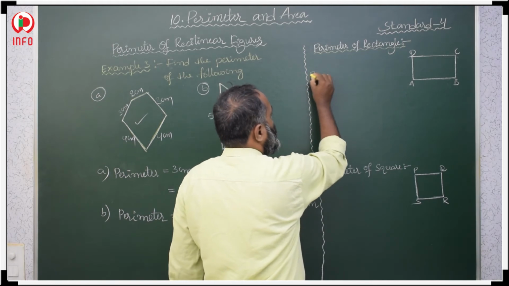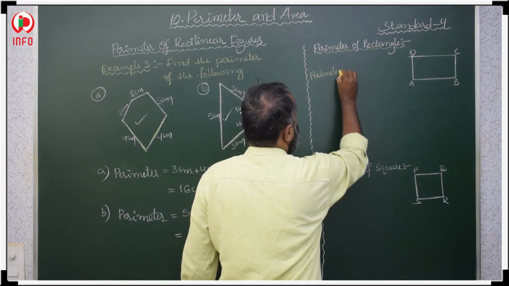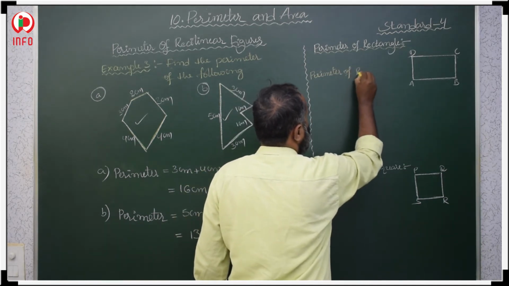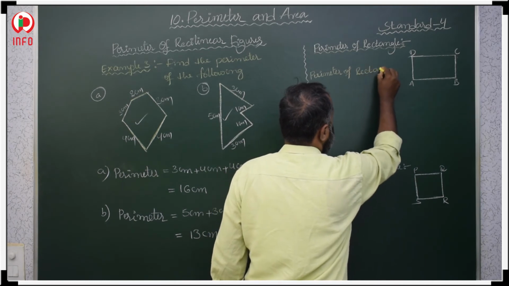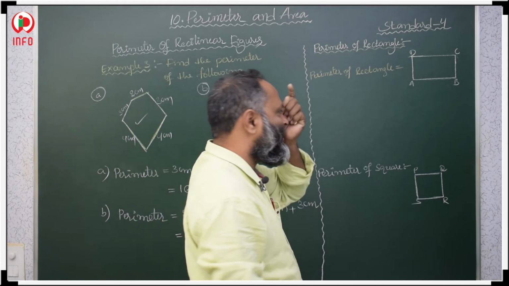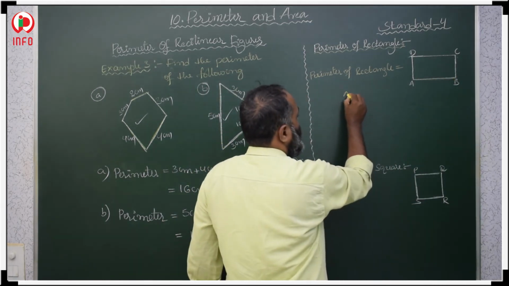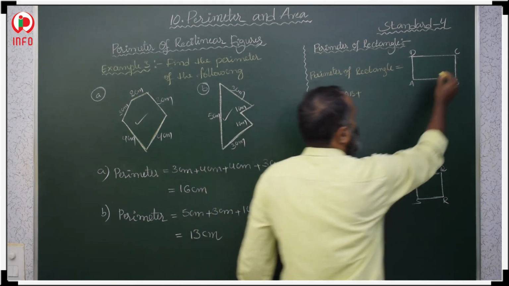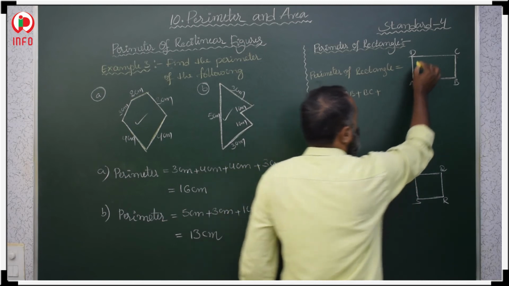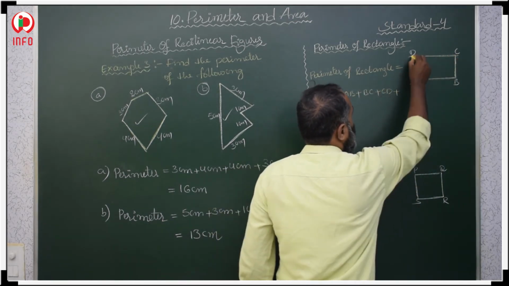So the perimeter of a rectangle is equal to AB plus BC plus CD plus DA.